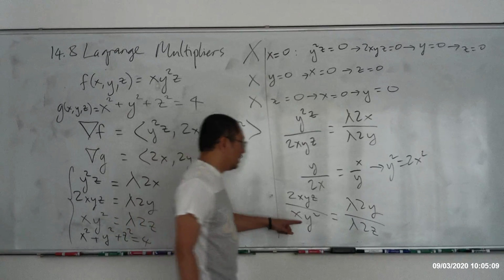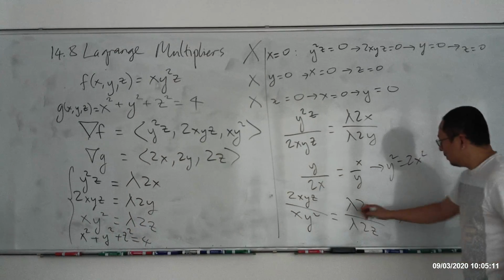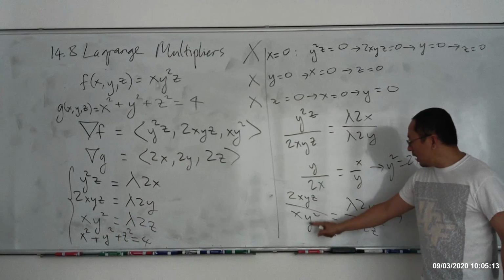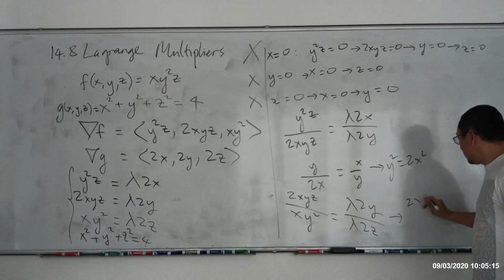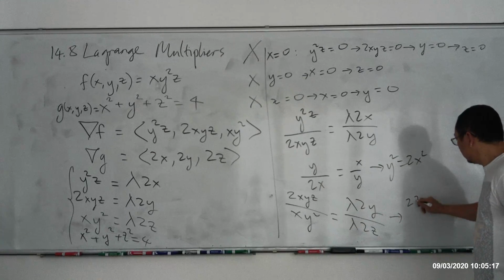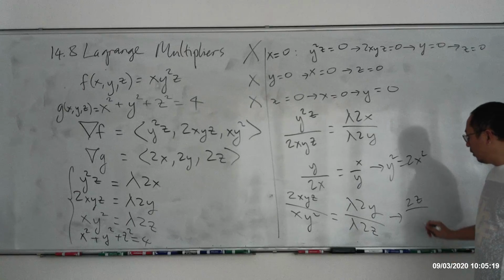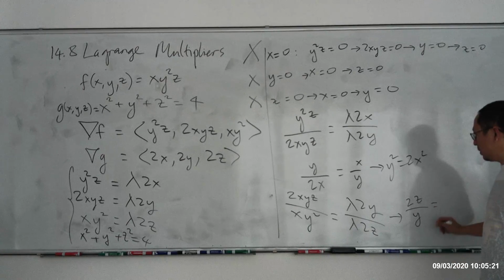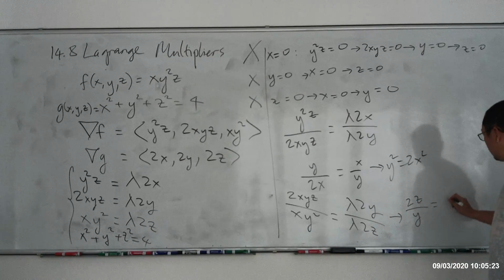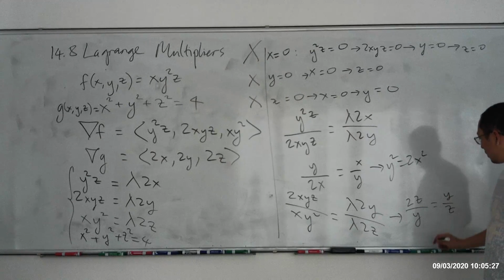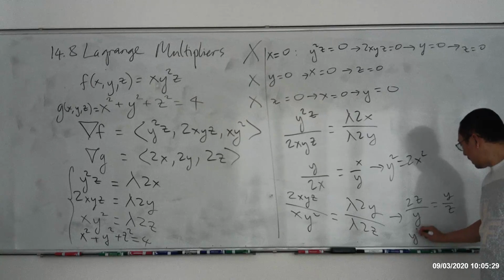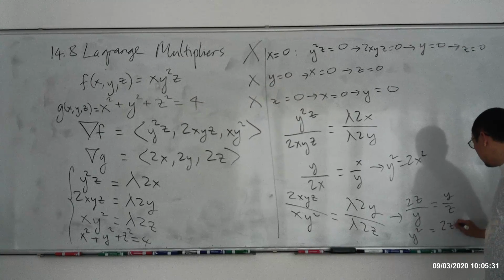On the left hand side, let me write in here. We have what? X cancel out, y cancel out, so 2z over y is equal to cancel lambda. So this is y over z. Again, cross multiplication, I got y squared is equal to 2z squared.